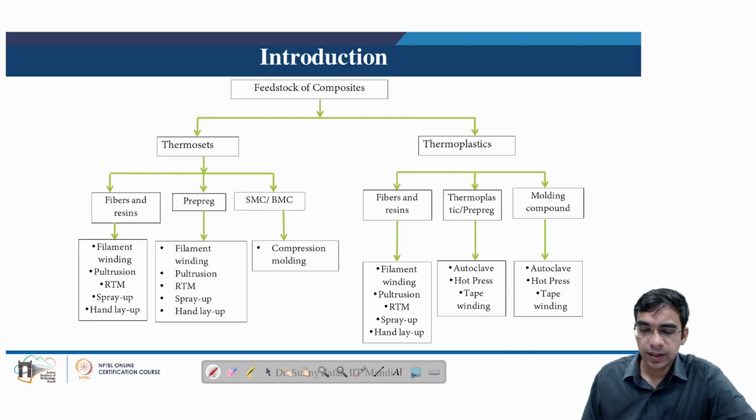If we look at the classification in the thermoplastics, so in this regard, the techniques are somewhat similar, say the filament winding, pultrusion, resin transfer molding, spray layup and hand layup. But other than this, the thermoplastics also utilize other techniques such as tape winding, hot press and autoclave.